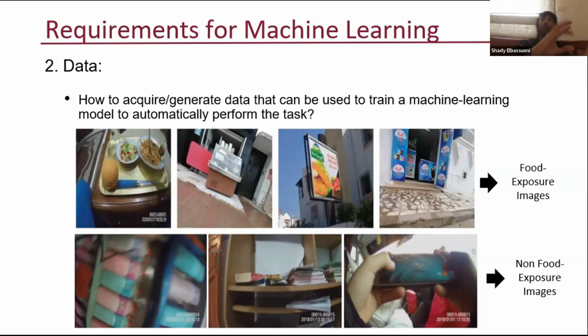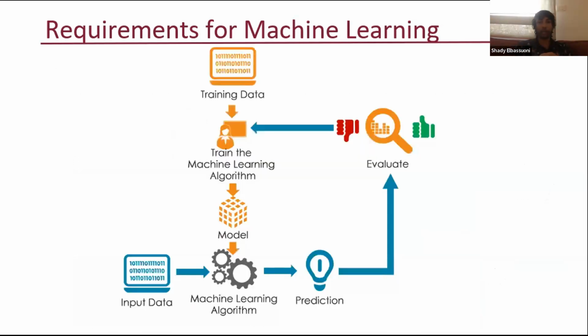Remember that we do not want to capture only food items, but also advertisements and outlets, so it really has to have all of these examples. And for the other class, we need things that the children would encounter in their daily trajectory but that have nothing to do with food.